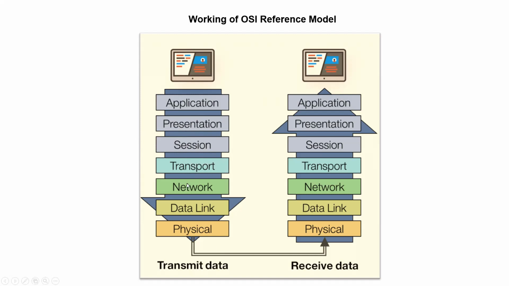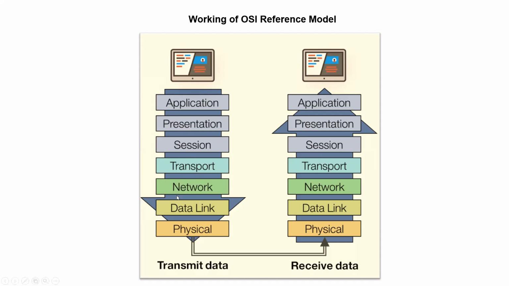Next is the transport layer, which uses transmission protocols, which include TCP and UDP, for transmission of data. Next is the network layer. The network layer decides which physical path we have to take.